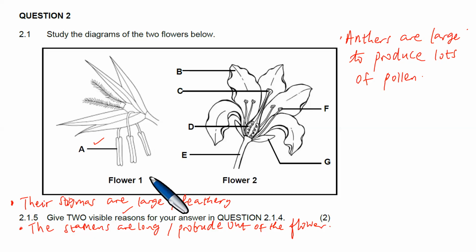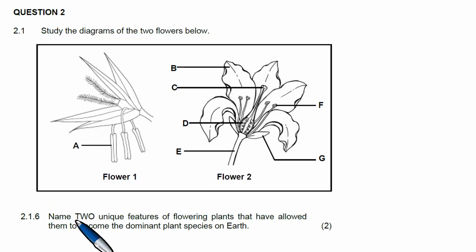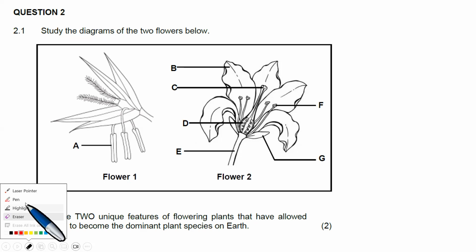Next question. Name two unique factors or features of flowering plants that have allowed them to become the dominant plant species on Earth. The flowering plants have become the dominant plant species on Earth. Why?